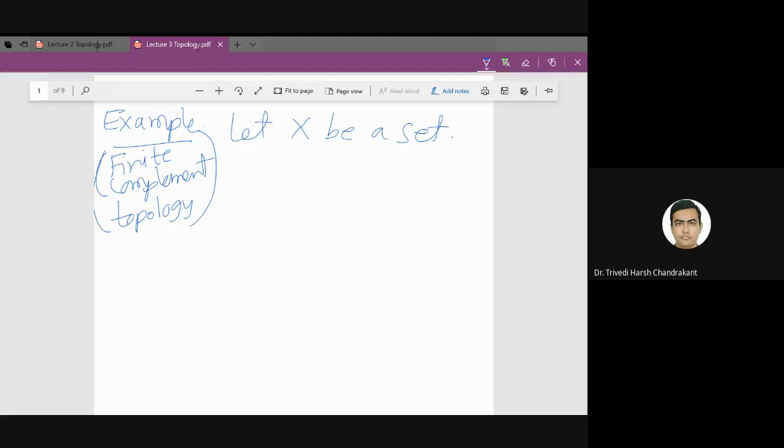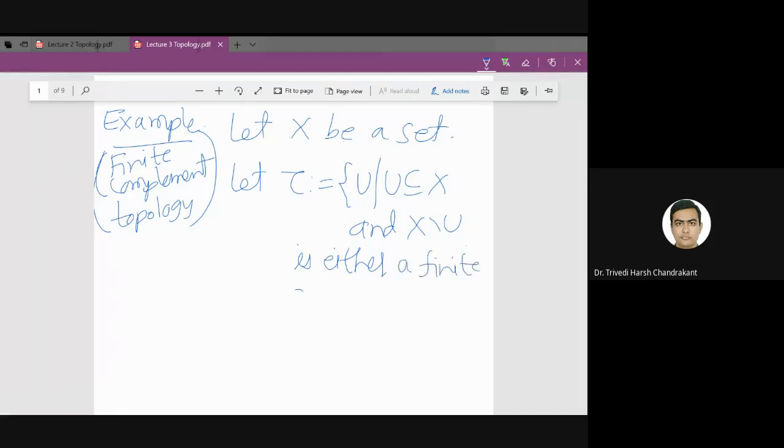So what is this topology? Let tau be the set of U such that U is a subset of X and X minus U is either a finite set or the whole X. So what are the elements of this tau?